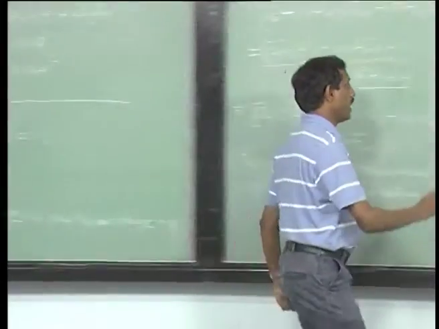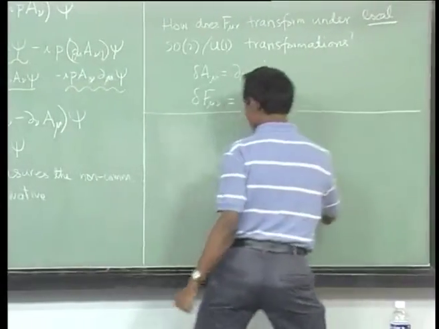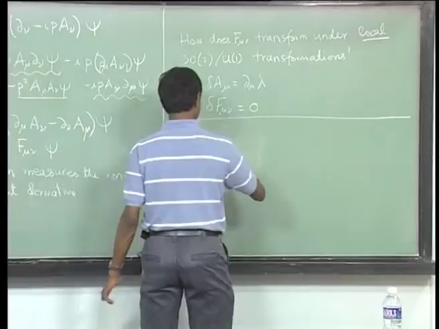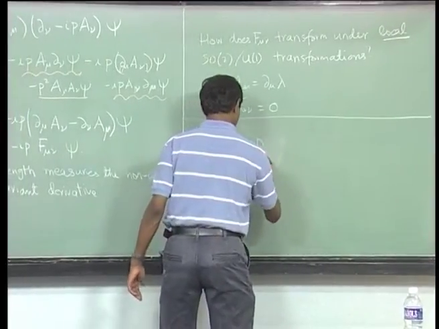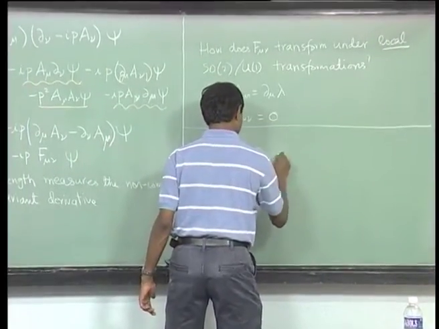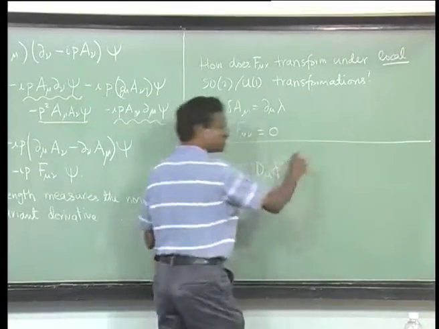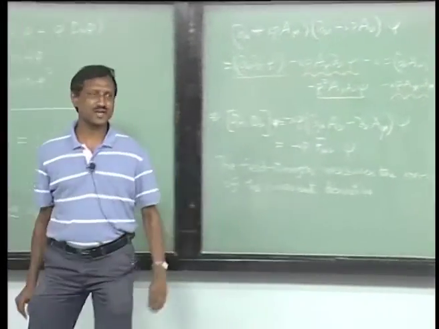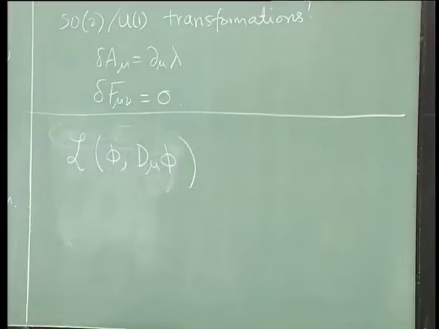So now we have a nice Lagrangian density which is a function of phi and d mu of phi, and its complex conjugate, which is invariant.